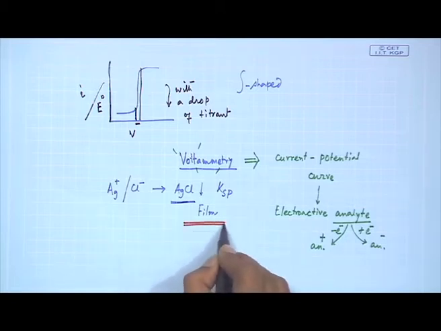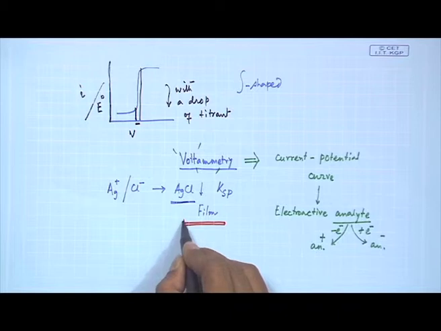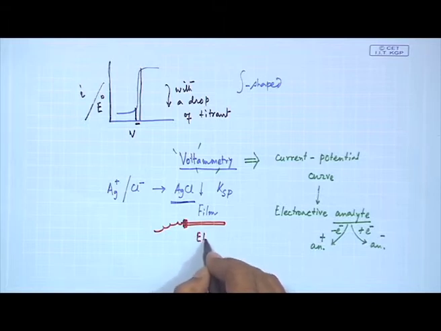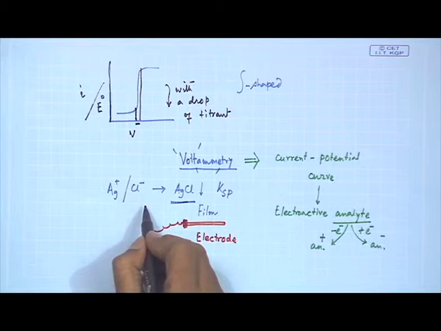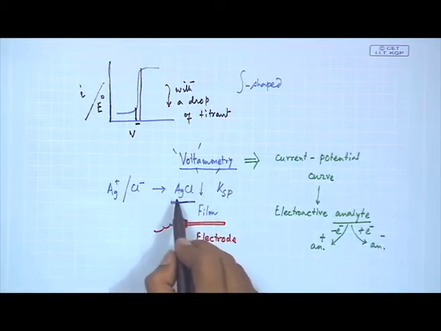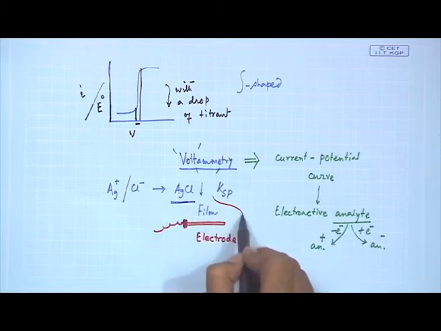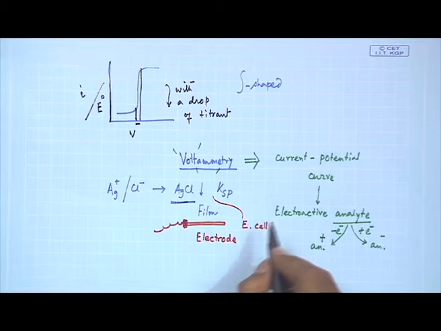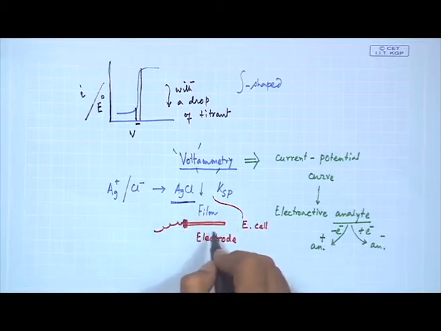We are talking about something where you have the electrode. We are talking about electron transfer on the electrode, and about some solution forming in the electrochemical cell, surrounded by this particular electrode.